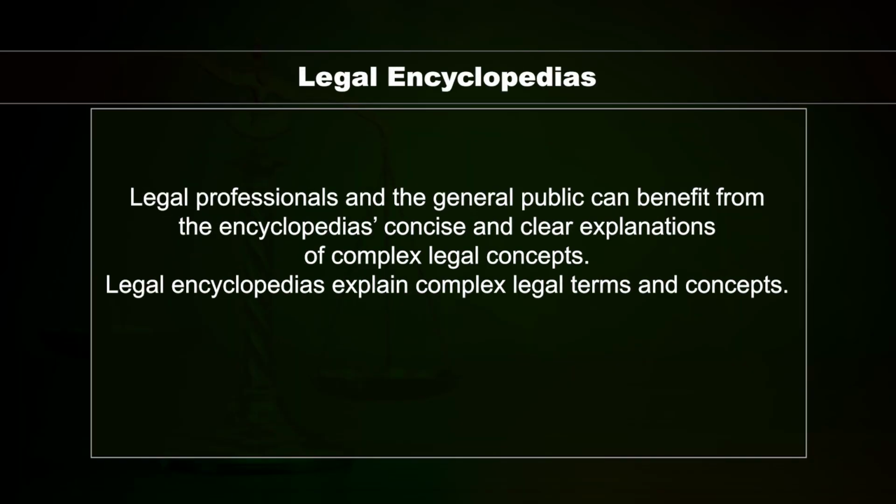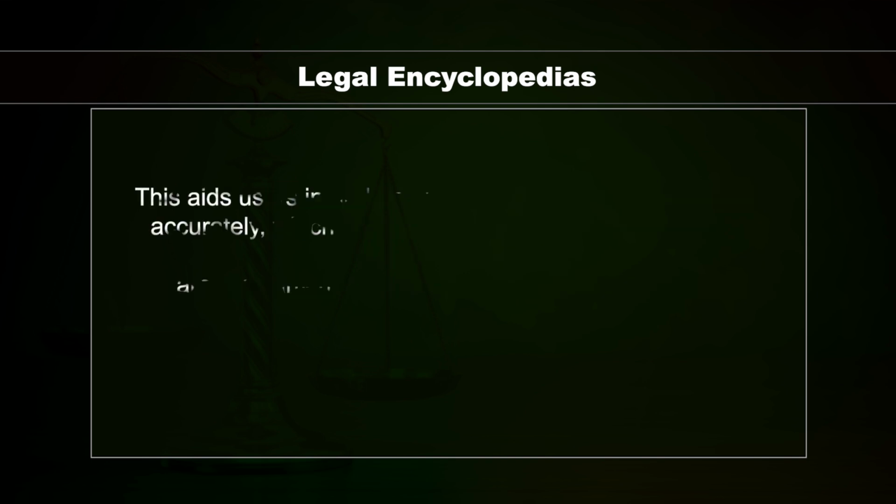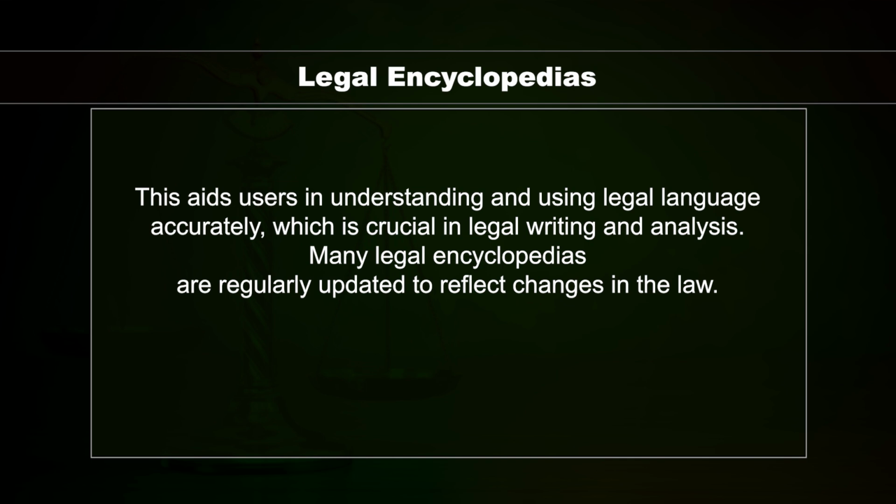Legal professionals and the general public can benefit from the encyclopedias' concise and clear explanations of complex legal concepts. Legal encyclopedias explain complex legal terms and concepts. This aids users in understanding and using legal language accurately, which is crucial in legal writing and analysis.